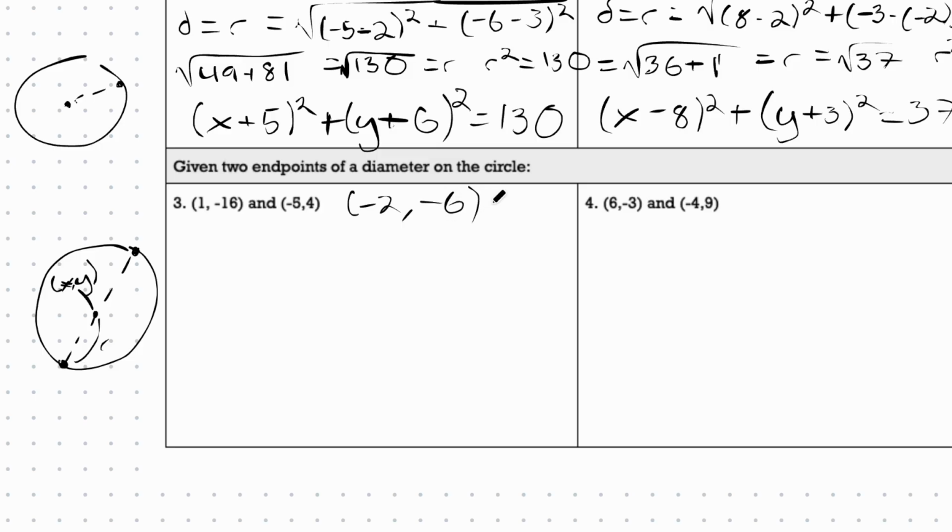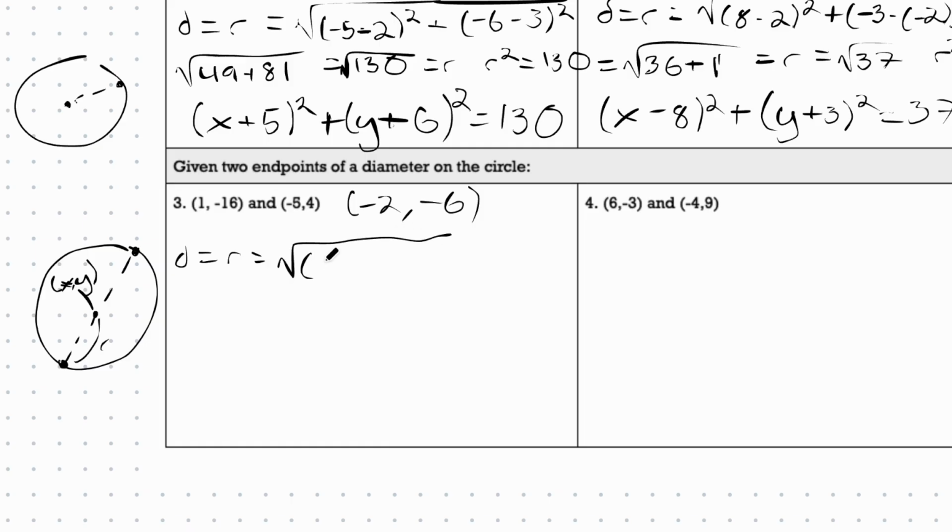Okay, so now that we have the center, what we could do is find the distance between these two points and then divide by 2. Or now that we have the center, we can just find the distance between the center and one of these points. I'm going to do the latter of those two options. The way we're going to do that is like we did before, using the distance formula.